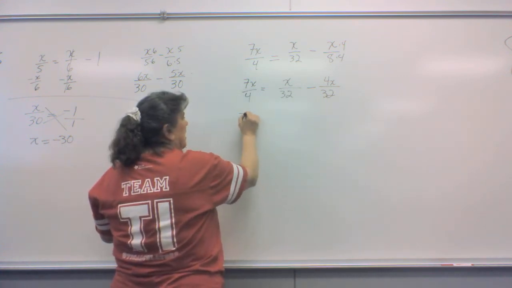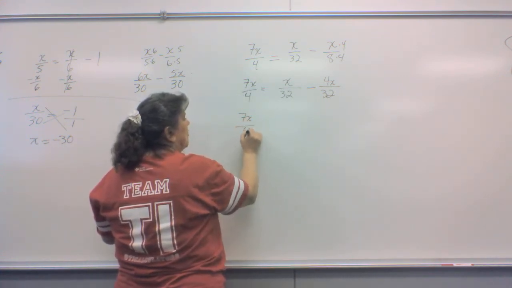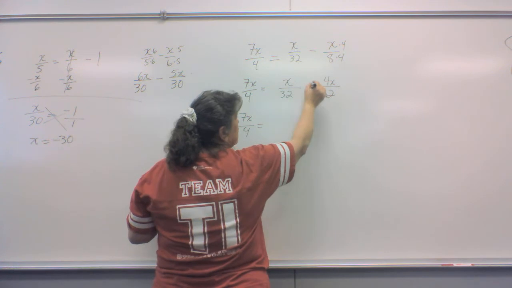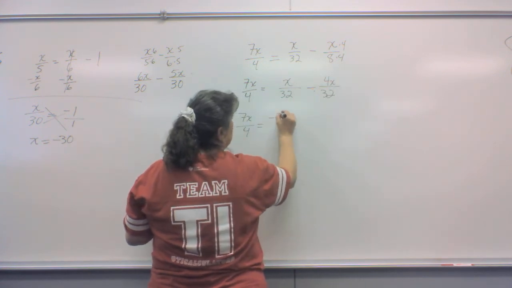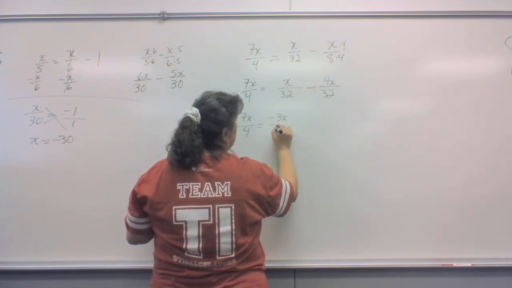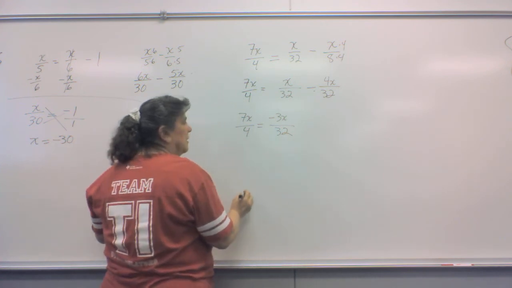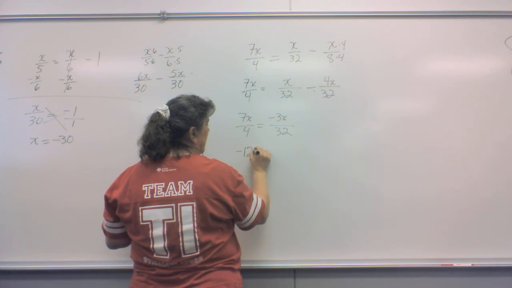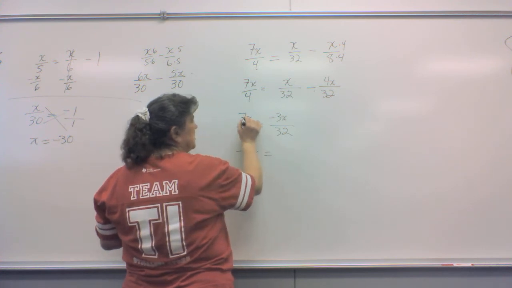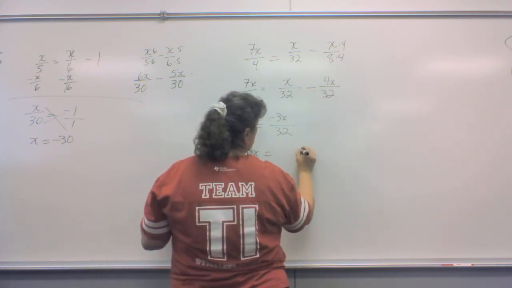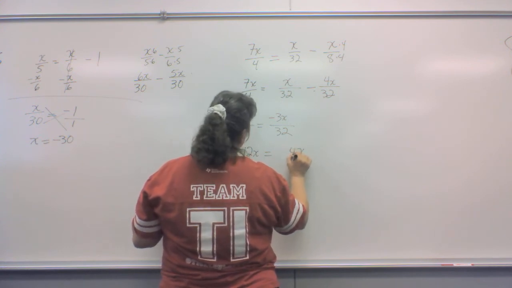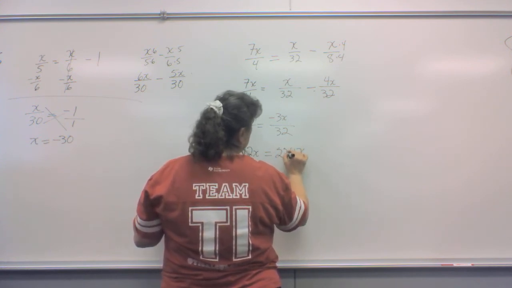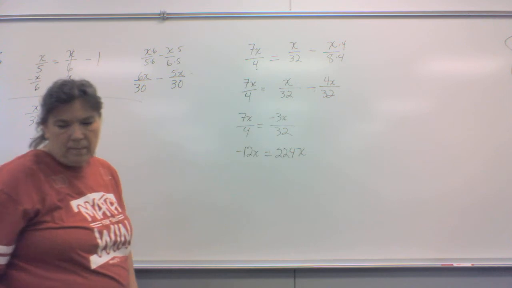So I have 7x over 4 is equal to x minus 4x, which is a negative 3x over 32. Okay, so 4 times negative 3x is a negative 12x, and that's equal to 7x times 32, which is 224x. Okay?